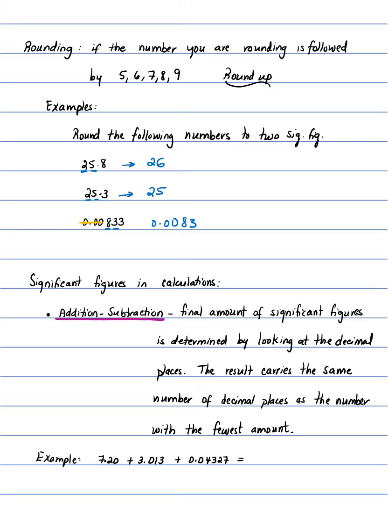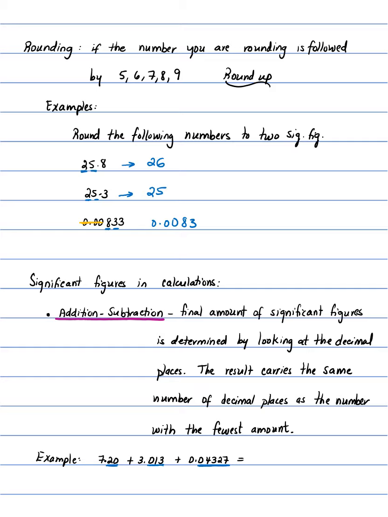So I have an example here. The first number, you have 2 decimal places. On the second one, you have 3. On the last one, you have 5 decimal places. So 2, 3, and 5.